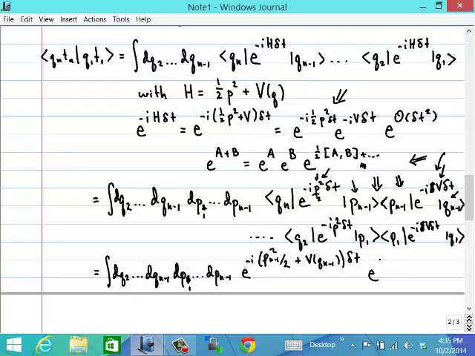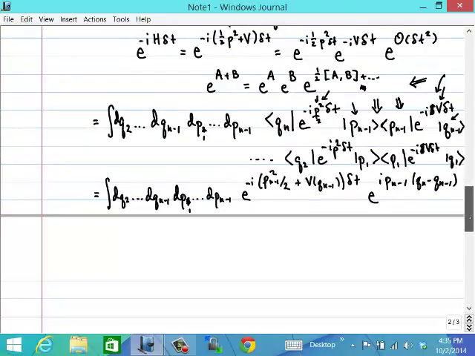So I get an e to the i p n minus 1 times qn minus q n minus 1. Times all of the various terms all the way down to n equals 1. Okay. So maybe I should write a product over all. Yeah, okay. Let me not use that notation.